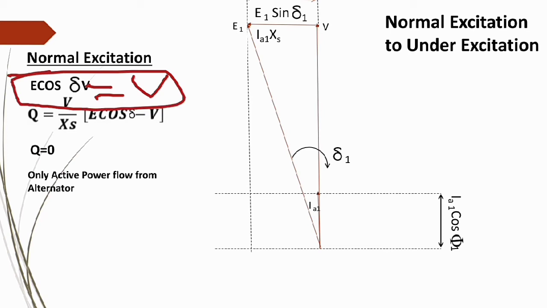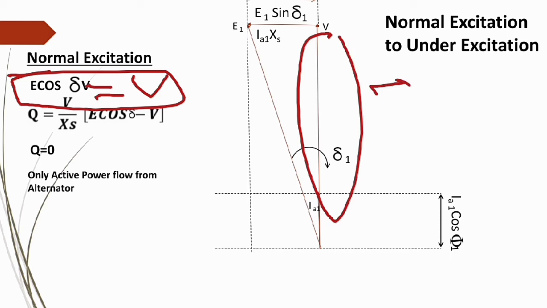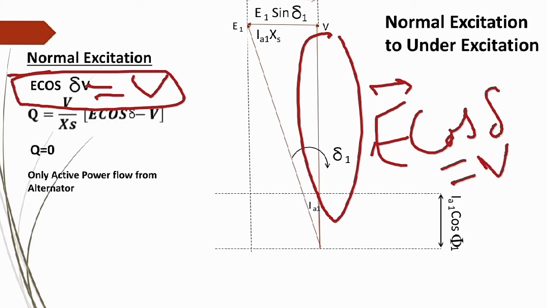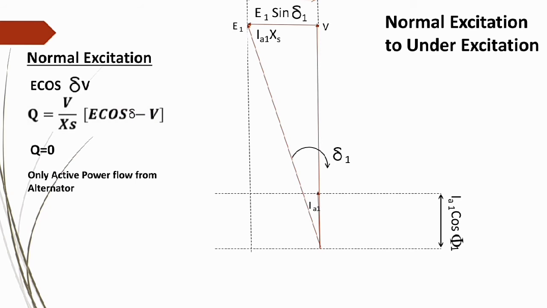Here we see E cos del equals V, and the second one is IA cos phi. We will not discuss the normal excitation further. Actually only active power will flow from the alternator, and the value of Q equals 0.